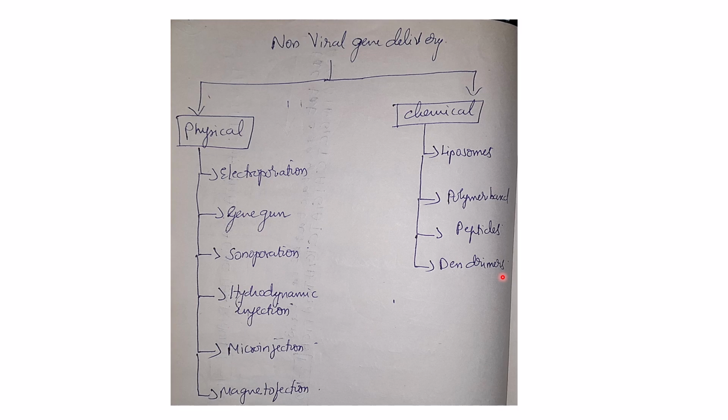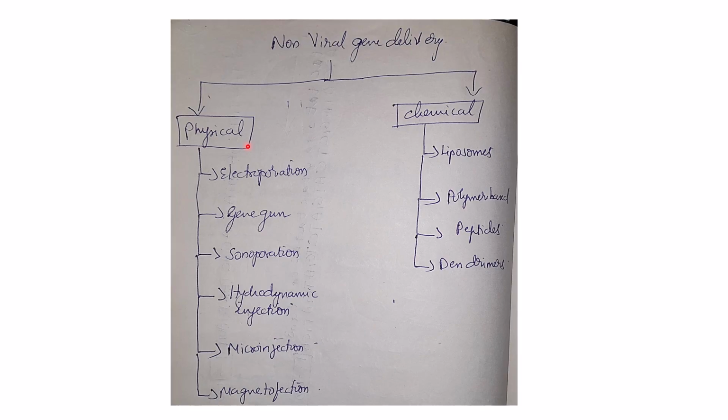Now coming to the various physical methods of gene delivery into a cell. These physical methods use various physical forces to overcome the cell membrane barrier and enable the entry of the gene of interest into the cell.